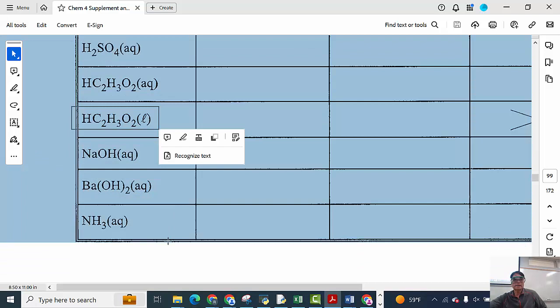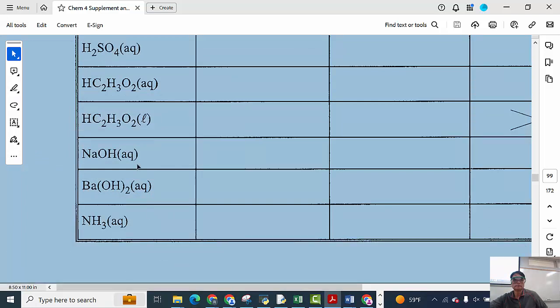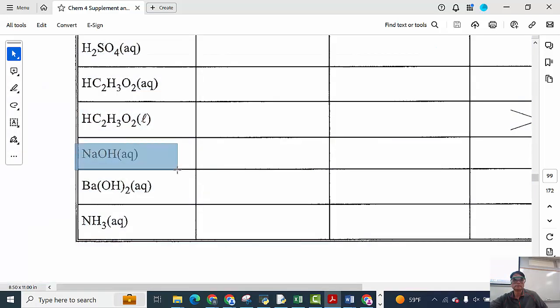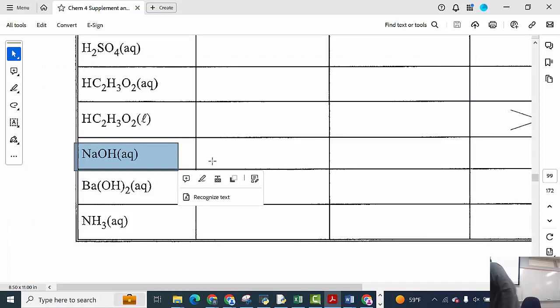All right, what's next? What do you call NaOH? Sodium hydroxide. Sodium hydroxide we call a CCS, clear colorless solution. Solution is just a mixture. This is a mixture of sodium hydroxide and water.